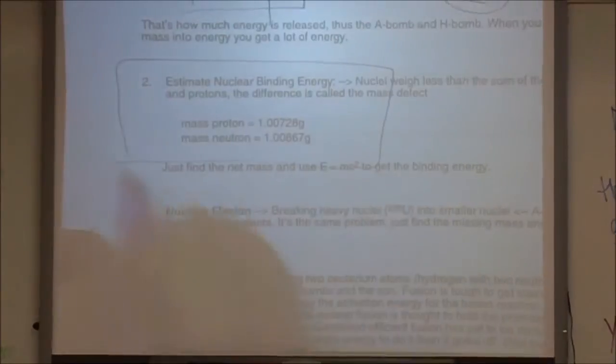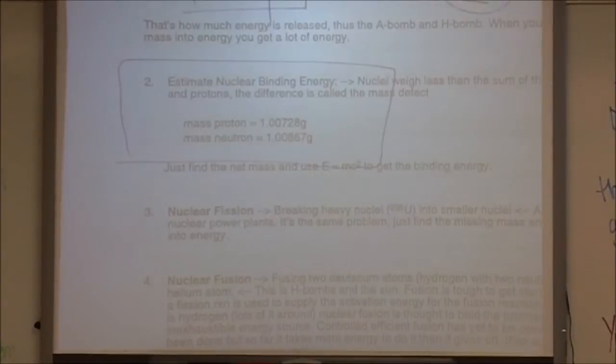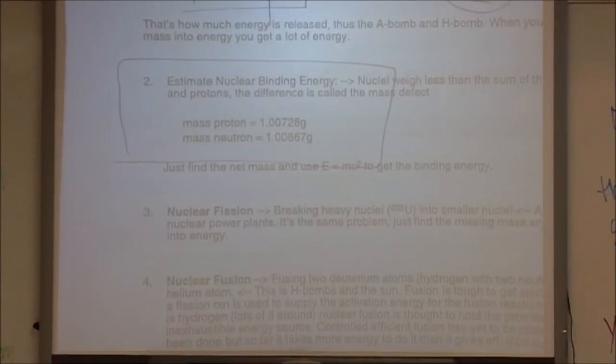The last thing we're going to talk about is binding energy. What's binding energy? Okay, one at a time. Who wants to talk? The energy required when you put the two things together. What things? Atoms. Okay, actually we're looking at the binding energy of a nucleus. So it's just how much energy it takes to hold the nucleus together. Okay, why does the nucleus need to be held together?